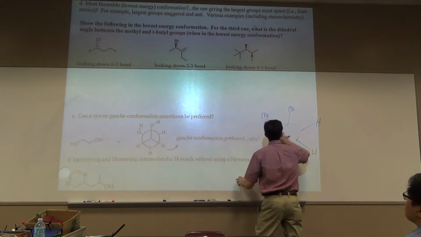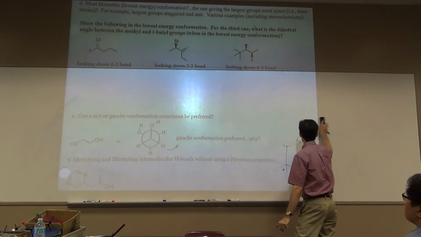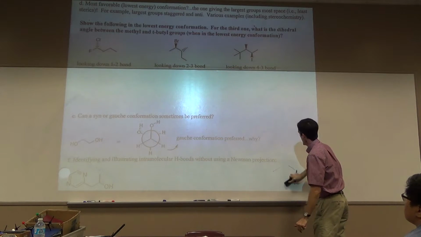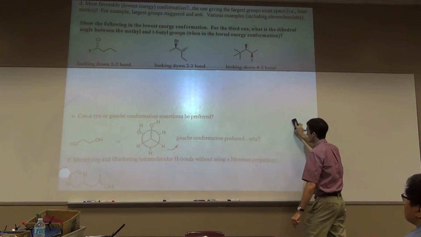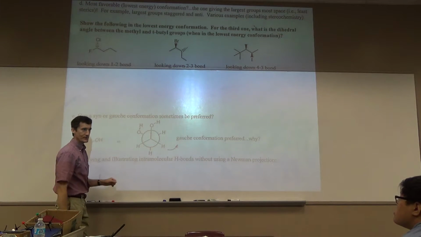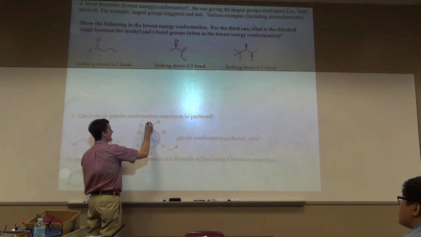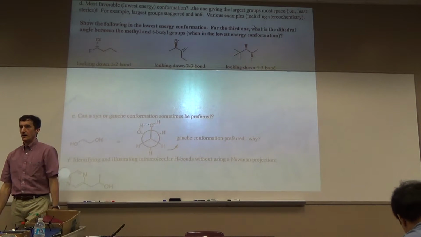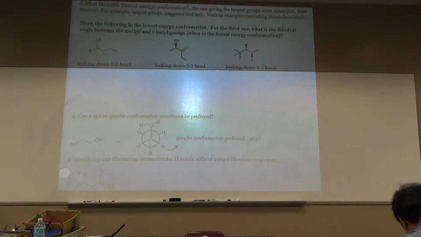If you model this compound with very sophisticated mathematical modeling, it actually prefers gauche. This is your lowest energy conformation. Why? Hydrogen bonding. If they're anti, they can't hydrogen bond. But if they swing up, now they can start this magical hydrogen bonding interaction.